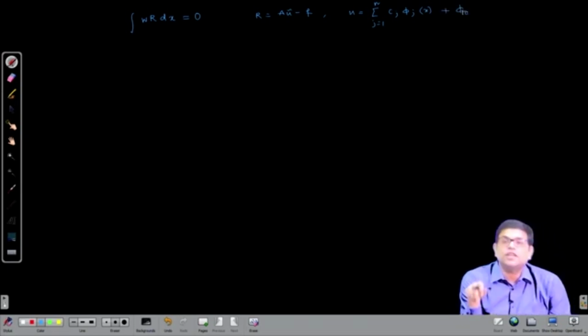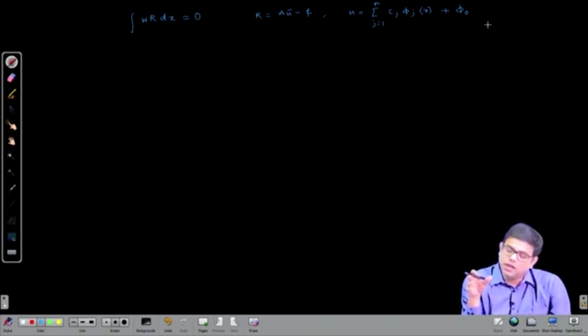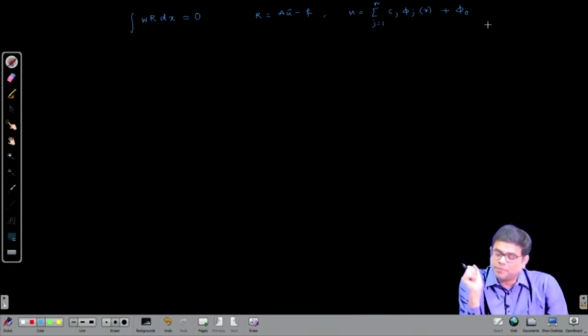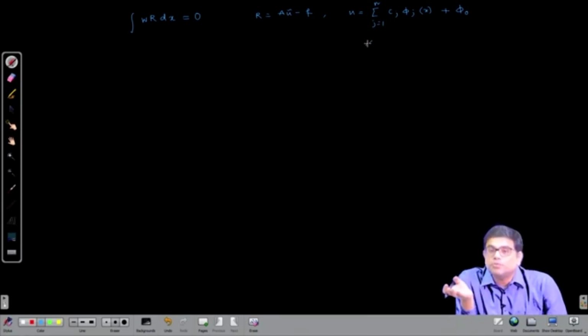We have explained what phi 0 is. Phi 0 is mainly due to the non-homogeneous Dirichlet boundary condition in the approximation. Now phi j, or the approximating function, needs to satisfy what? There are 2-3 conditions that we have mentioned earlier. First, phi j must be a complete polynomial.